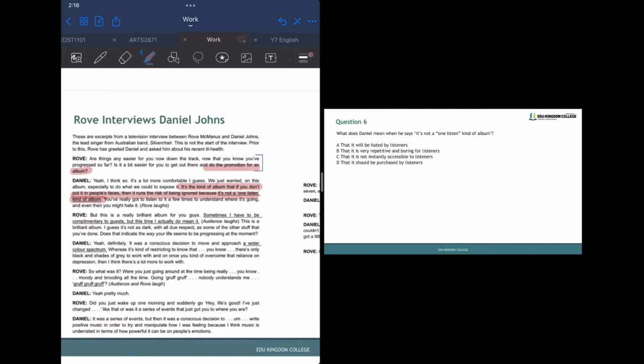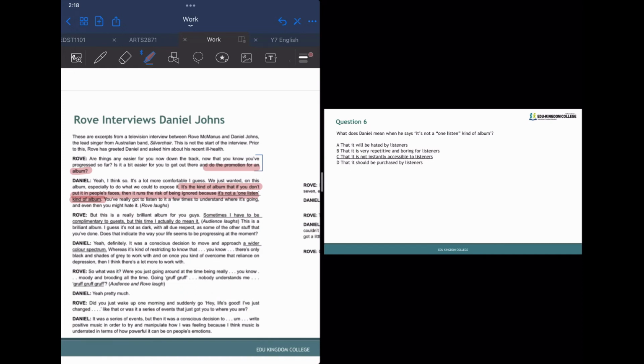He's saying that it's a bit different. You need to process the ideas behind the album before you can really appreciate it. So in that case, the option would be C, that it is not instantly accessible to listeners. That answer really means that it's not easily comprehensible the first time you listen to it.